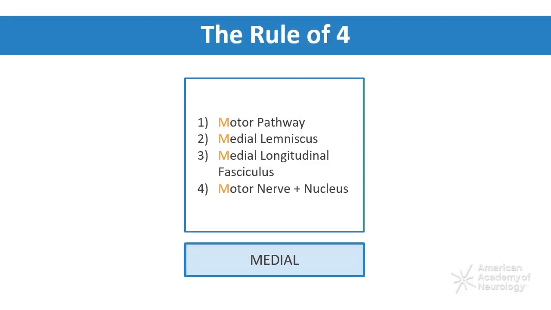The rules are: number 1, 4 midline structures that start with M. The structures and associated deficits are motor pathway, contralateral arm and leg weakness; medial lemniscus, contralateral arm and leg vibration and proprioception loss; medial longitudinal fasciculus, ipsilateral internuclear ophthalmoplegia; motor nuclei and nerve, ipsilateral weakness of the motor cranial nerve involved.